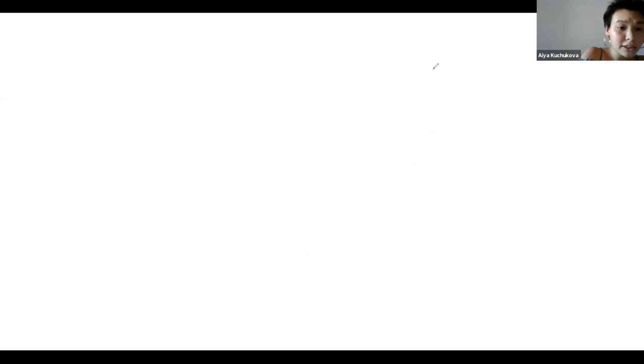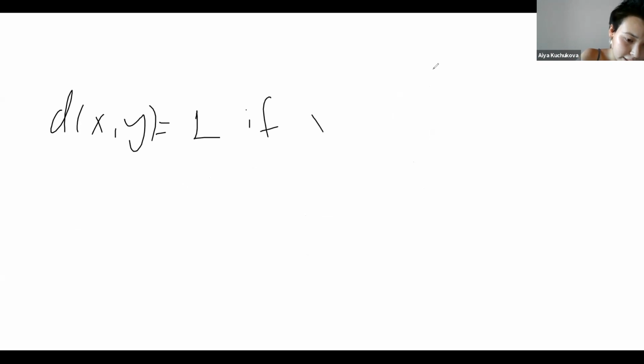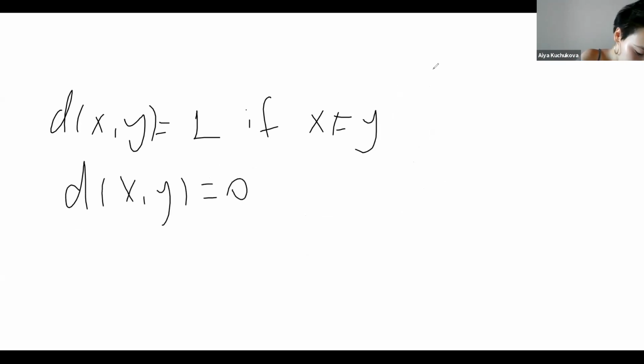And they can be useful for all kinds of things. So, for example, you can make a metric with d(x,y) equals 1 if x is not equal to y, and d(x,y) equals 0 if x equals y. Okay, so this is a very interesting metric. Why?